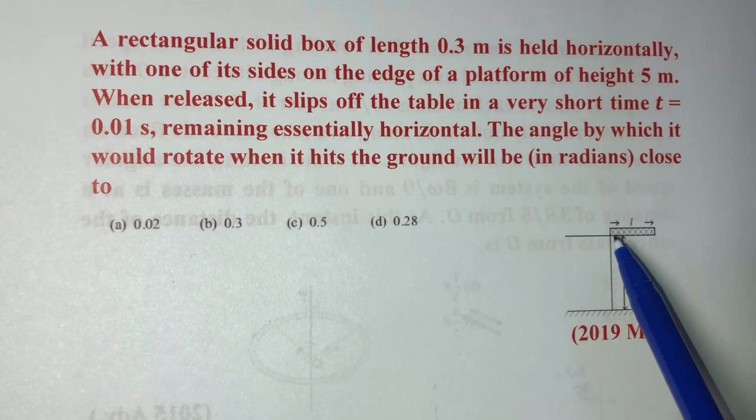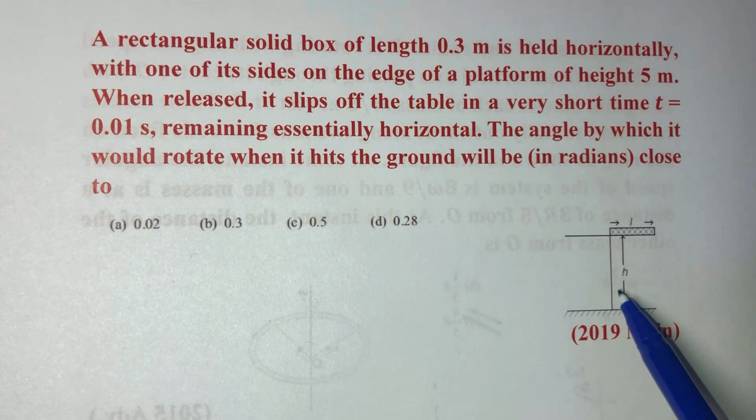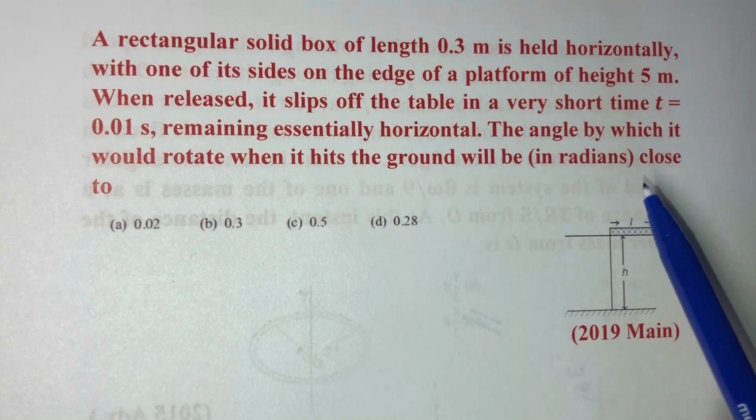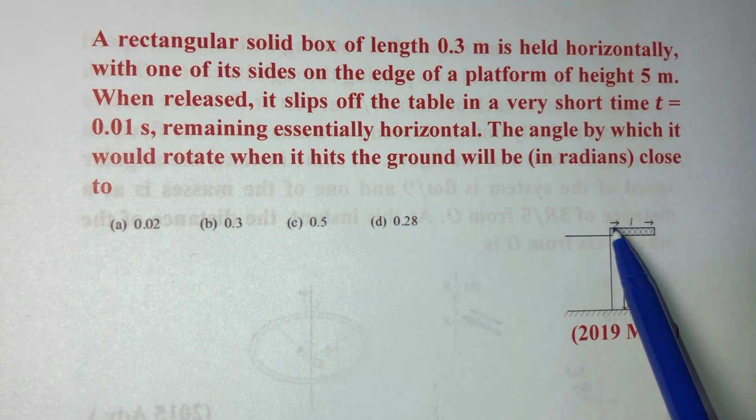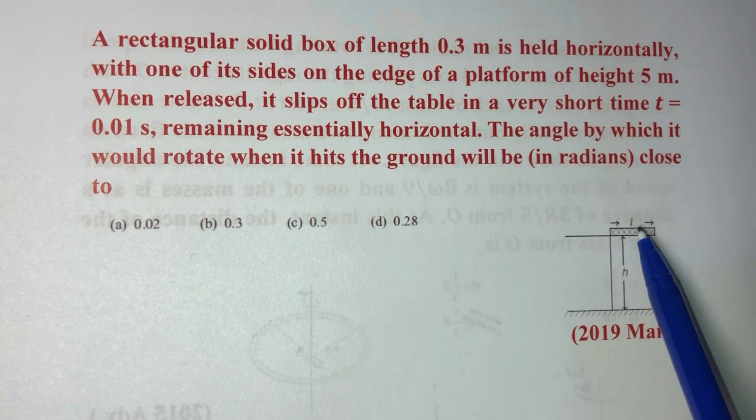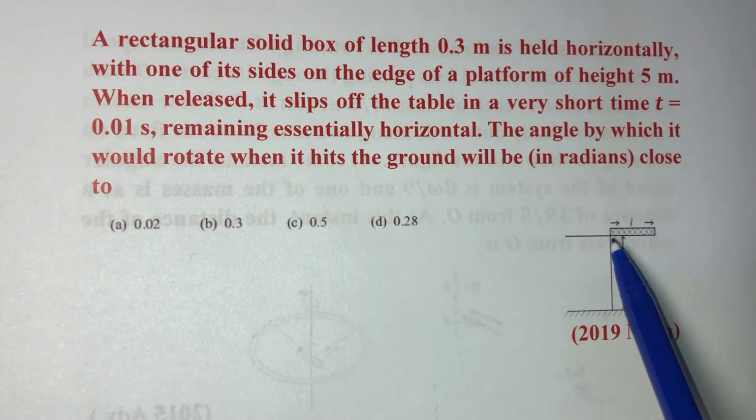So we have a platform whose height is given as h, equal to 5 meter, and we have a rectangular block whose length is 0.3 and is right at the edge of the table.